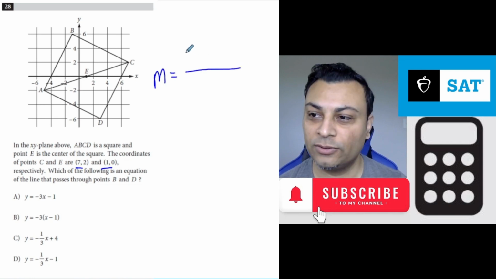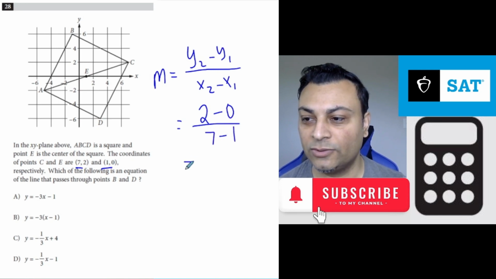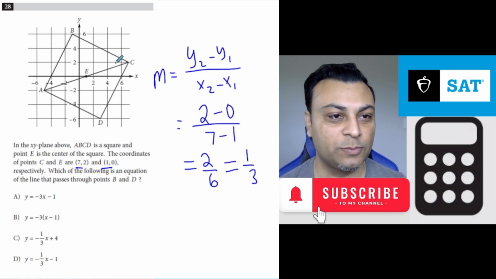We'll use our formula y2 minus y1 over x2 minus x1, and we're going to use 7, 2 and 1, 0, so 2 minus 0 and 7 minus 1. This comes out to 2 over 6, which is 1/3. So EC has a slope of 1/3.